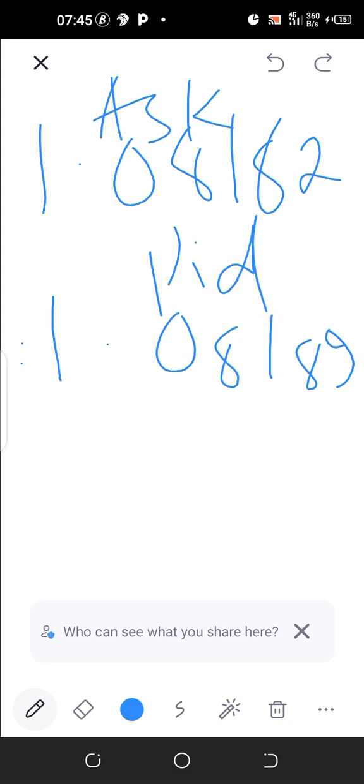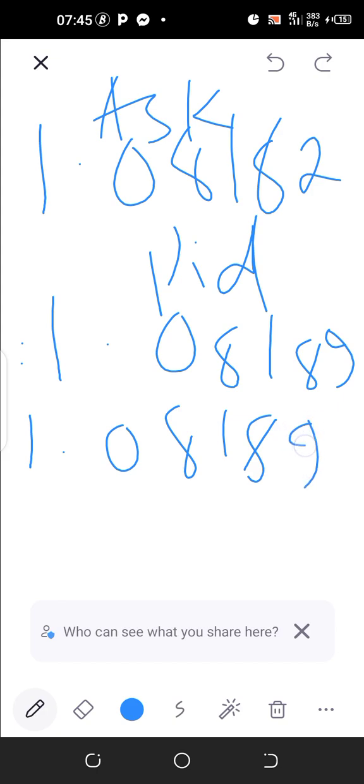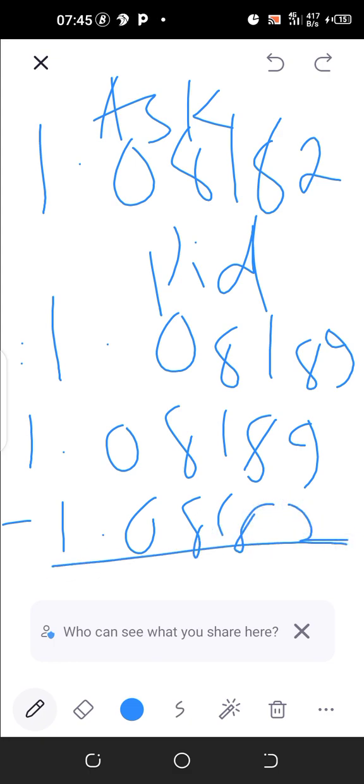So you're going to do 1.08189 minus 1.08182. 9 minus 2, you have 7. This is 0.0000007. So now what you should know is that for your PIP here, you actually have to times it by 1,000.